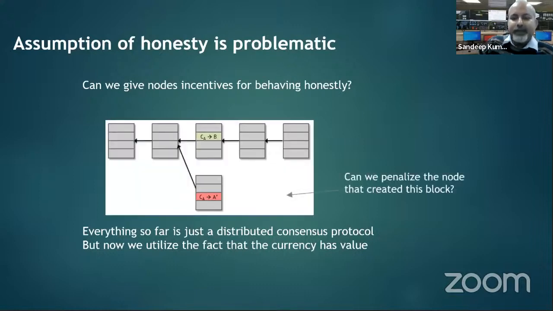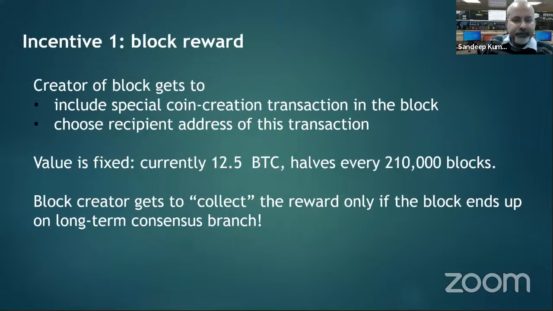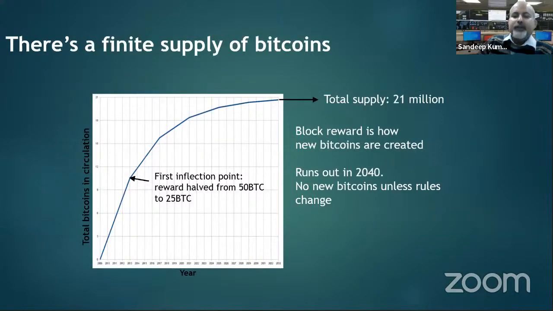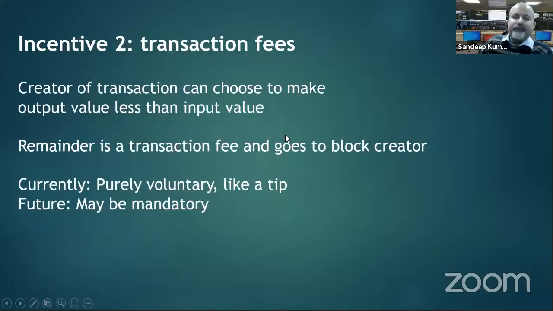So that's the whole idea. So block reward is the first incentive. Now there is a finite supply of Bitcoin, as I said, that it will reach 21 million, actually earlier than 2040. So at that point you cannot get rewards. So therefore you have to give transaction fees.